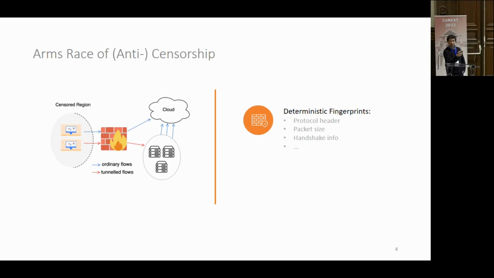Okay, so now it's fine. But as the censor becomes more sophisticated, you move from pure deterministic fingerprints to statistical fingerprints. You start looking at the distribution of packet sizes, packet interarrival times, bursts, and so on.